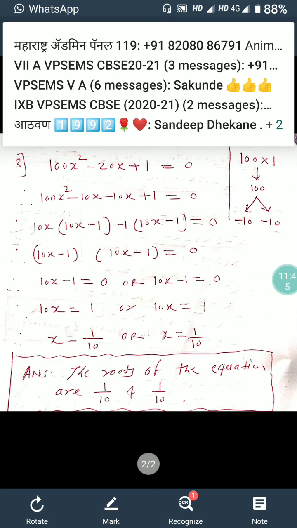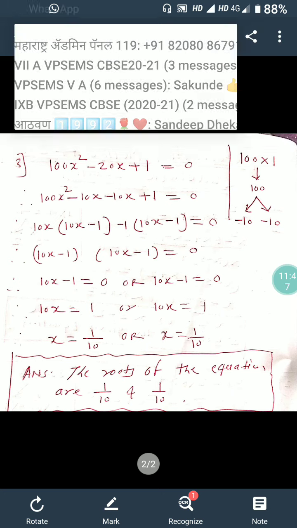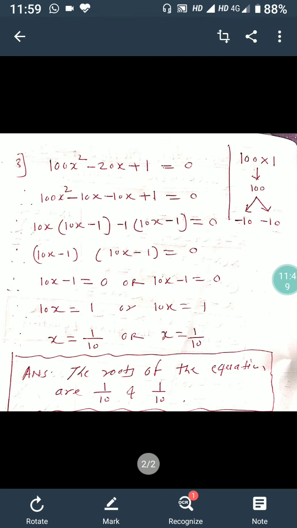So we can say 10x minus 1 is equal to 0 or 10x minus 1 is equal to 0. By solving that you will get x is equal to 1 upon 10, x is equal to 1 upon 10. So the roots of the given quadratic equation are 1 upon 10 and 1 upon 10.